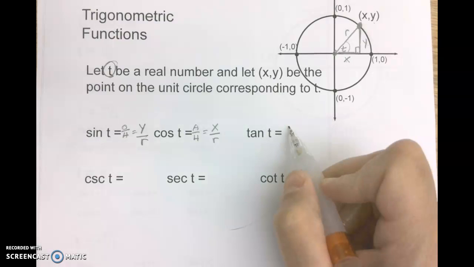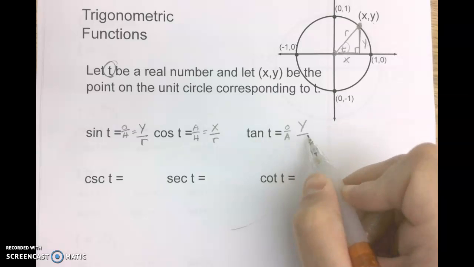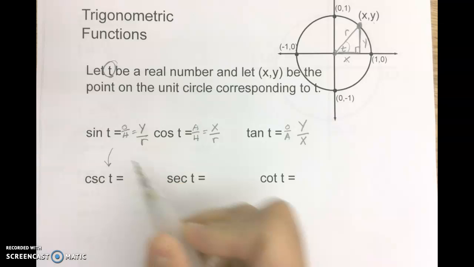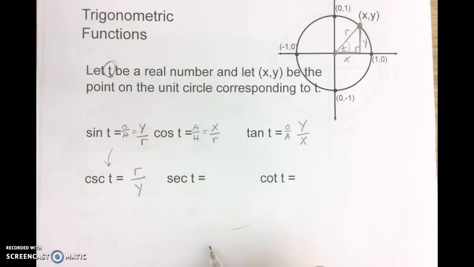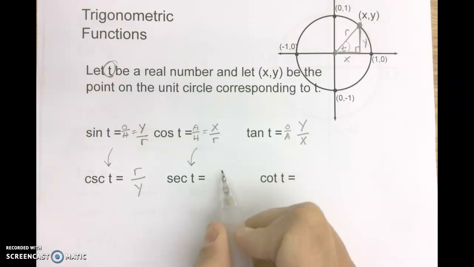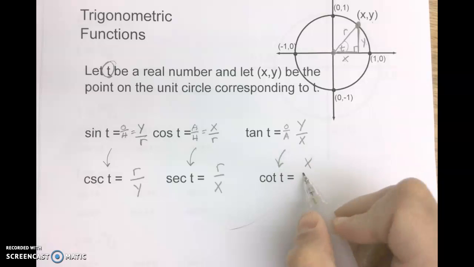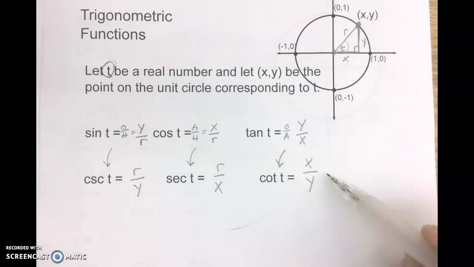The tangent is opposite over adjacent, so that will be y over x. Cosecant is the reciprocal of the sine, so r over y. Secant is the reciprocal of cosine, r over x. Cotangent is the reciprocal of tangent, x over y. And so these are what I'm going to use to evaluate the angles of the unit circle.